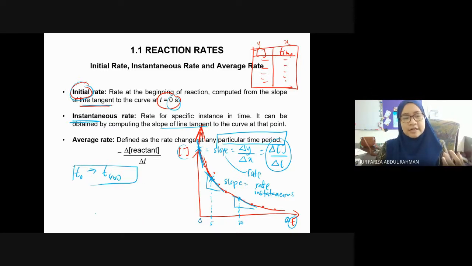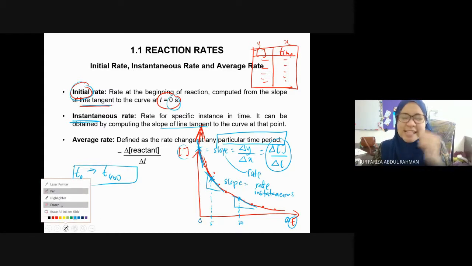Boleh juga katakanlah, okay, please calculate the average rate starting at t is equal to 5 sampai t is equal to 400. Minit kelima baru kita nak check dia punya rate sampai 400. That is also average rate. Because why? We have duration of time. Bila ada duration, that is what we call average rate. Okay? Alright, so there are two ways to calculate average rate.